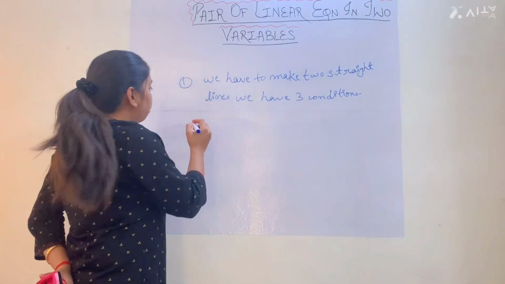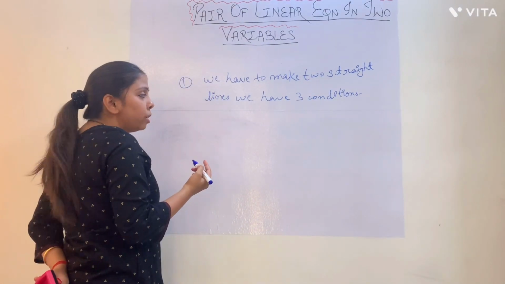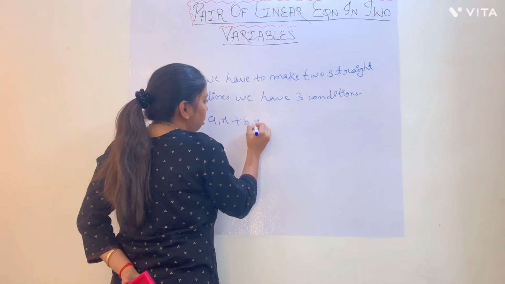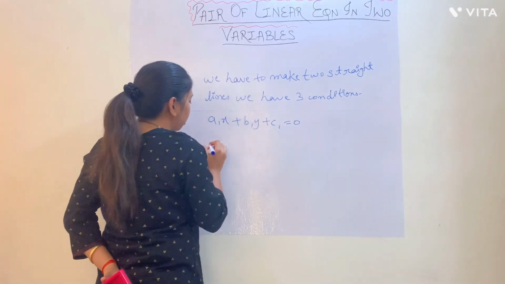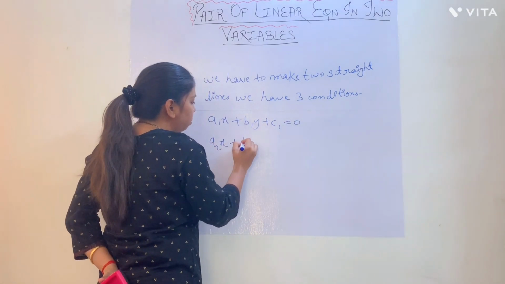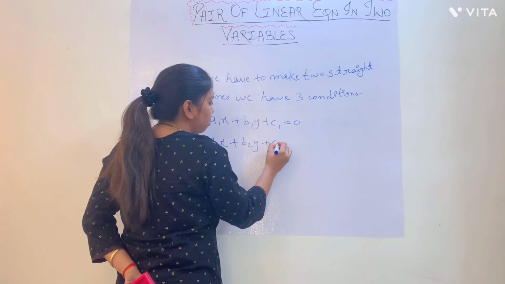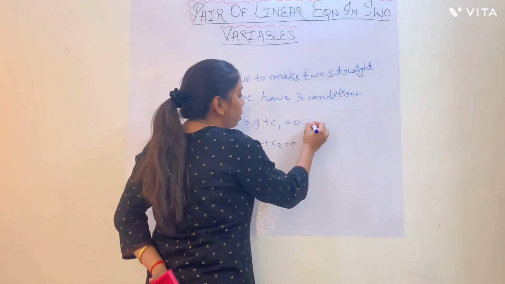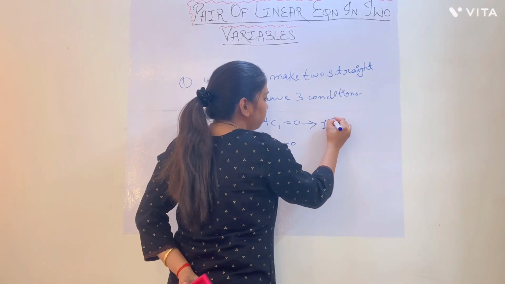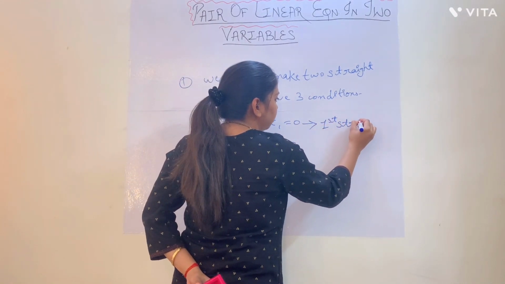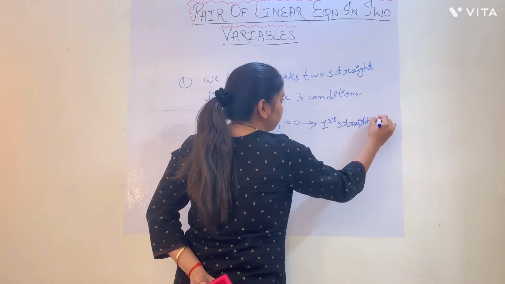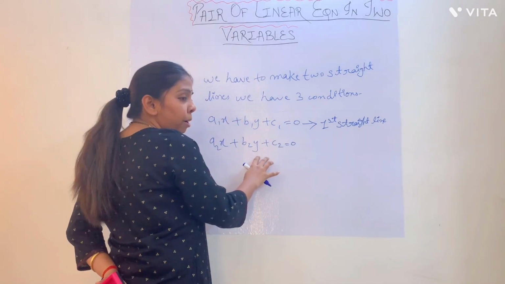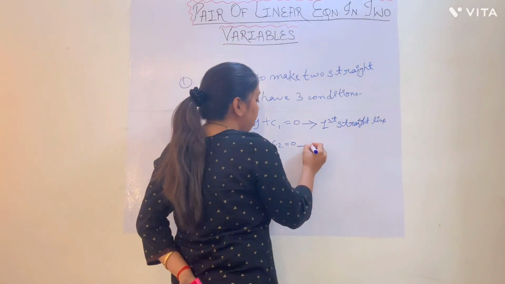As we know, the general form of a pair of linear equations in two variables is a1x plus b1y plus c1 equals 0, and the second one is a2x plus b2y plus c2 equals 0. The first equation will give the first straight line, and the second equation will give the second straight line.